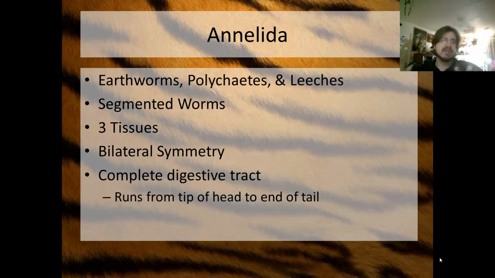That particular trait is in the realm of a group of organisms we call chordates. Anyway, we'll get to them in a bit. But earthworms, they have the complete digestive tract, 2 openings. And then they are coelomate. So they have a coelom.